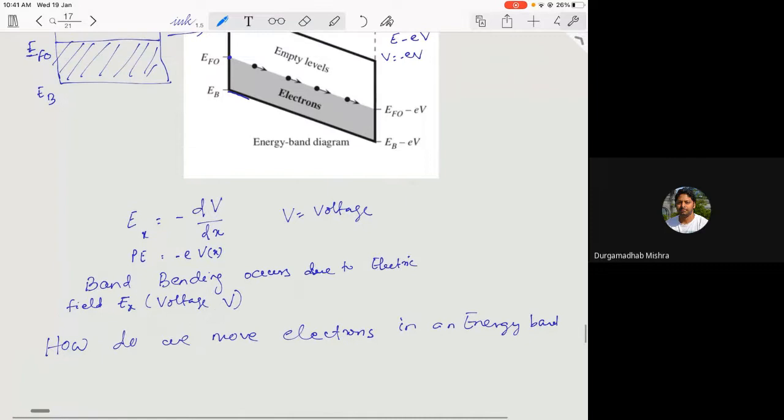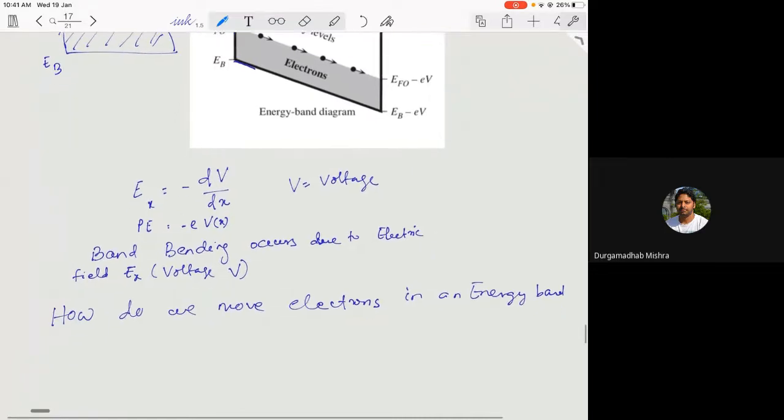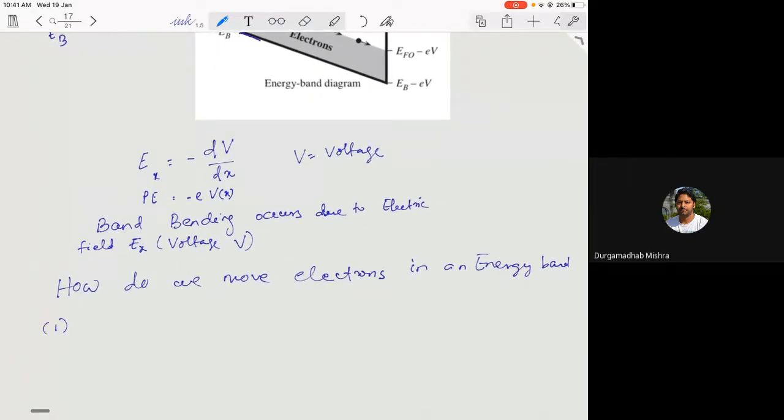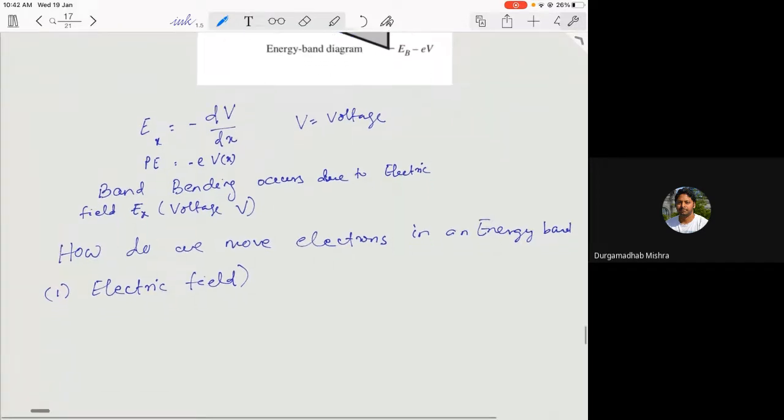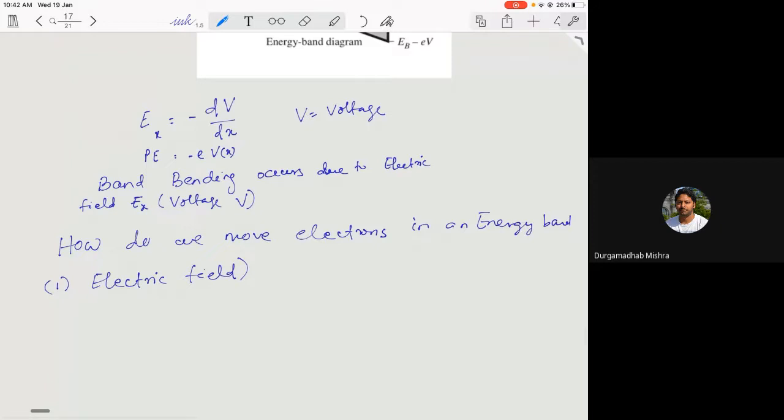One way we saw is by applying an electric field. If you apply an electric field, you can bend the band and create a hill-like structure where the electron will flow downhill. Any other way you can do that? Anyone?